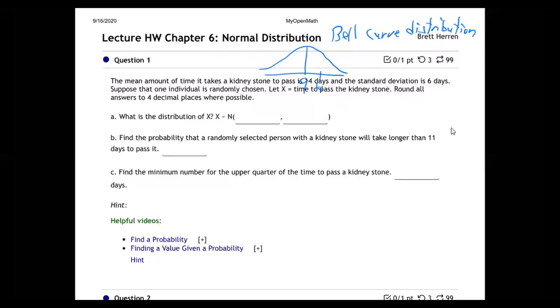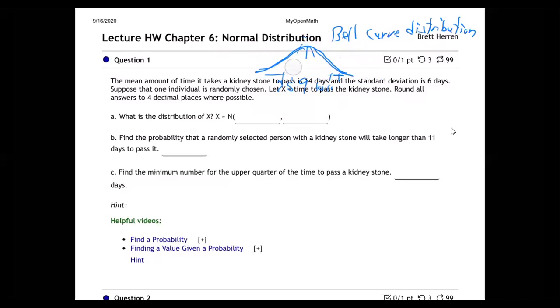Some men have bigger feet, 10, 11, 12, and some have smaller feet, 8, 7, 6. Most men's shoe sizes would be average. They're in the middle. Not as many men have really big or really small feet. So that's what it means by normally distributed.